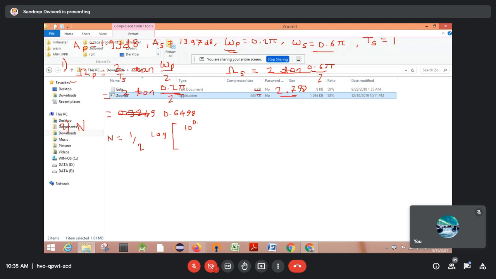AS is the attenuation in stop band, given in the question. You need to remember this formula.